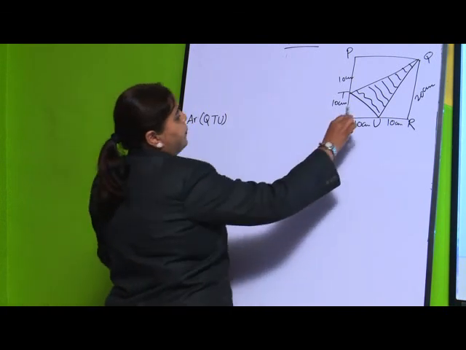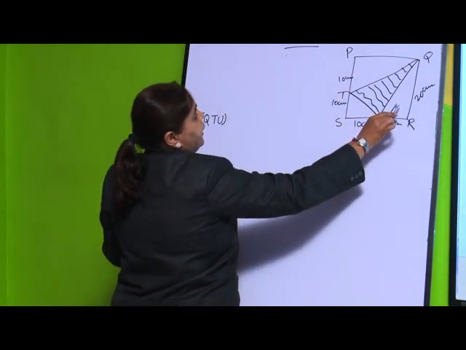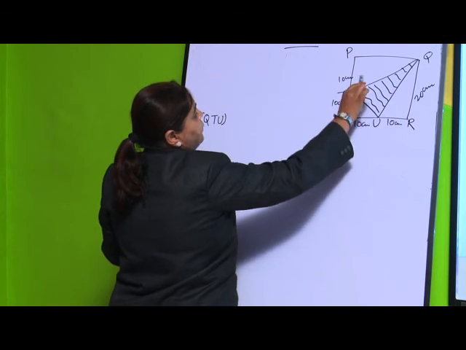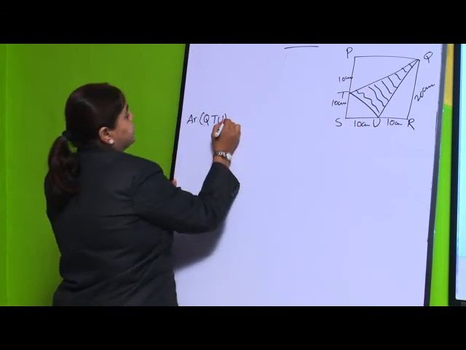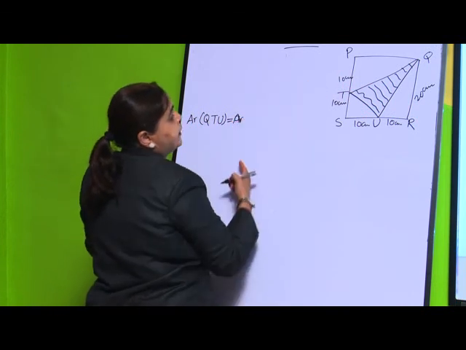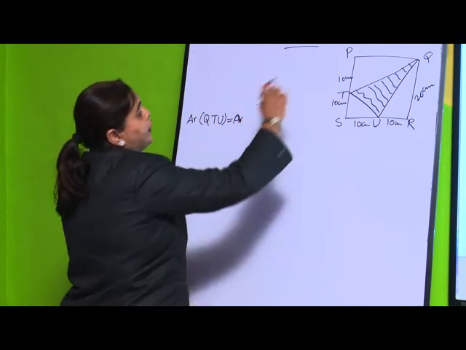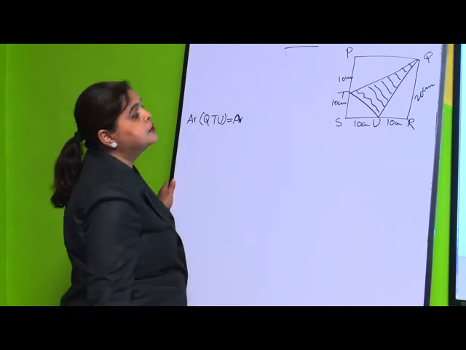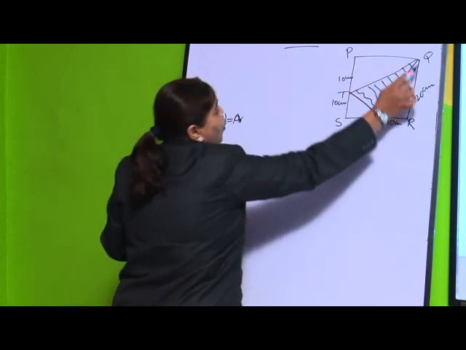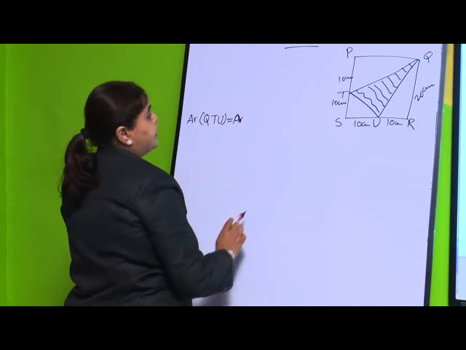We have to subtract the area of this triangle, area of this triangle and area of this triangle. So, we will write the area of this triangle is equal to... I will consider first what we have to do. We have to find out the area of the whole given figure. Then we can subtract. So, what is the area?